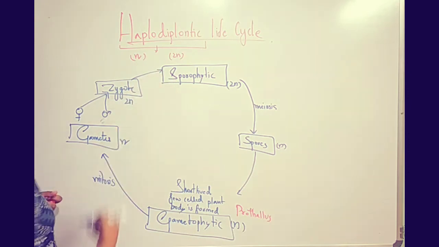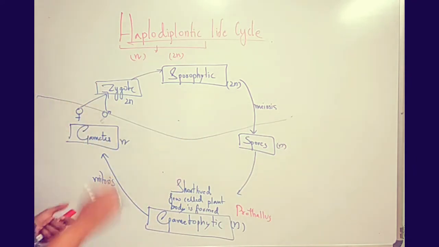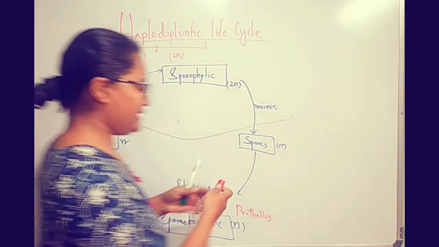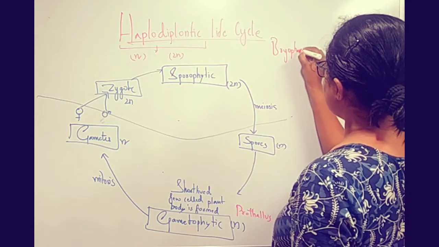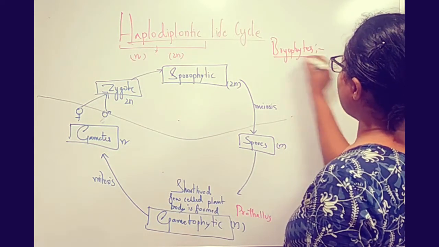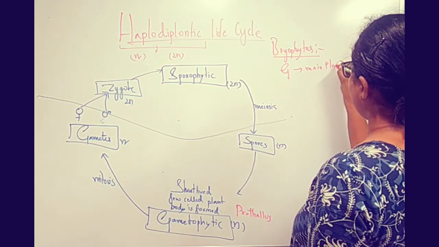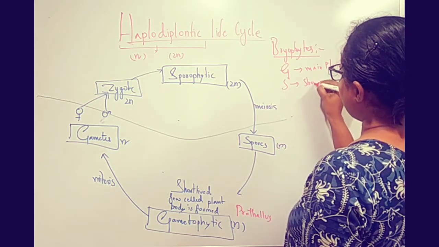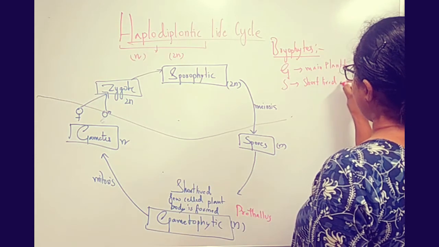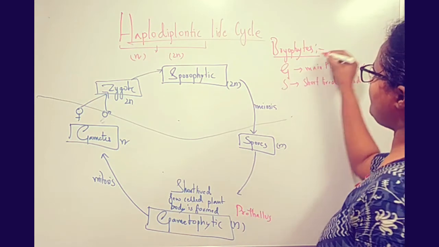And this zygote will give rise to the sporophyte, and the case is 50-50%. So I'll tell you the examples. The first example is bryophytes, where the gametophytic generation is the main plant body, meaning dominant. The sporophyte is short-lived and dependent. They depend on the gametophyte in bryophytes.